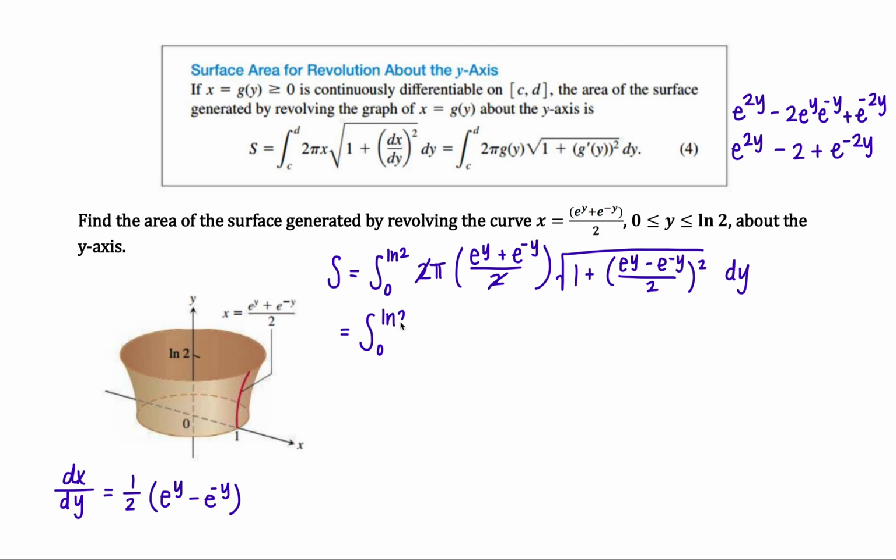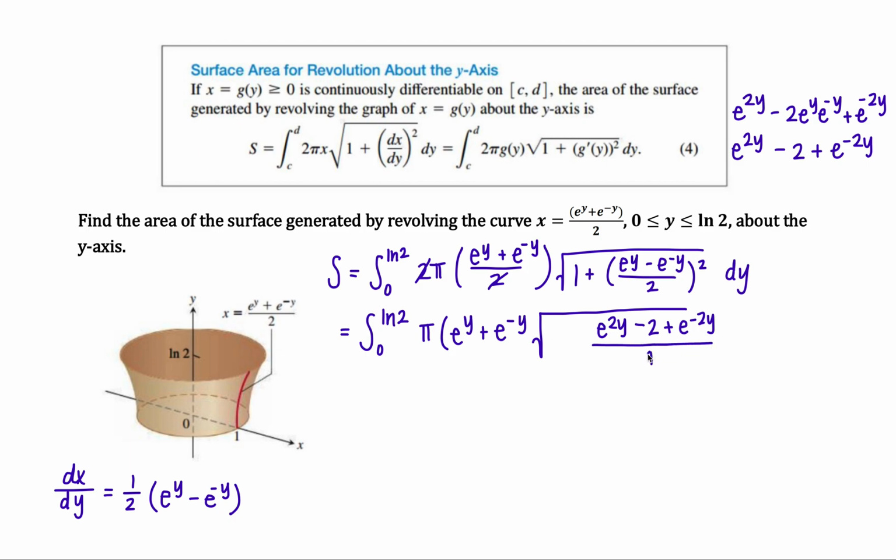So the first part of this isn't really going to change at all. Inside the fraction, I'm going to come back to the 1 here, but I'm going to rewrite this numerator as e to the 2y minus 2 plus e to the negative 2y.